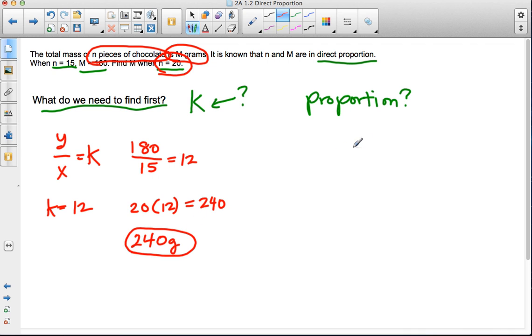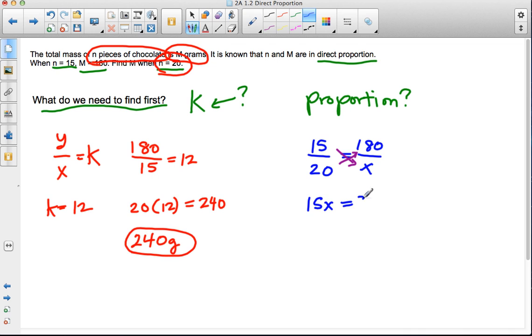I could also set up a proportion. In this case, I'm going to set it up as x1 over x2 equals y1 over y2. And then I cross multiply. So I get 15x equals 20 times 180. 2 times 18 is 36.